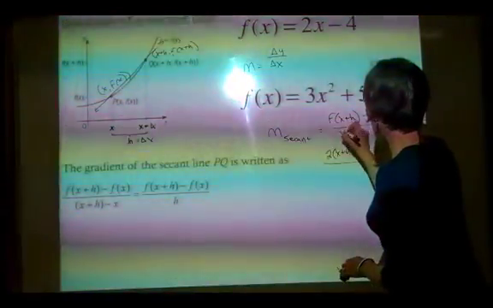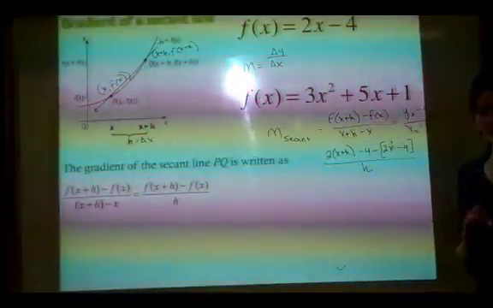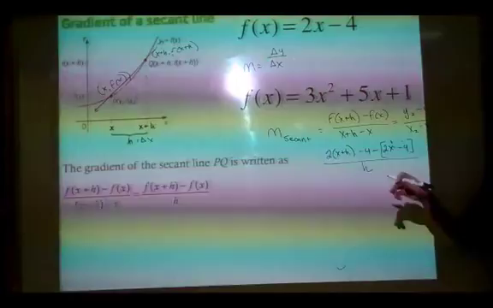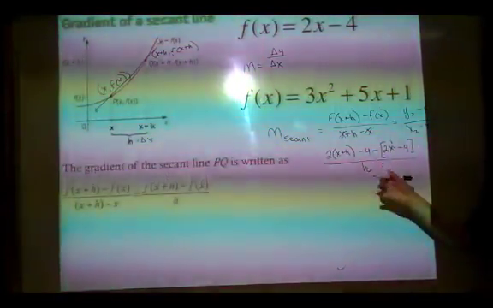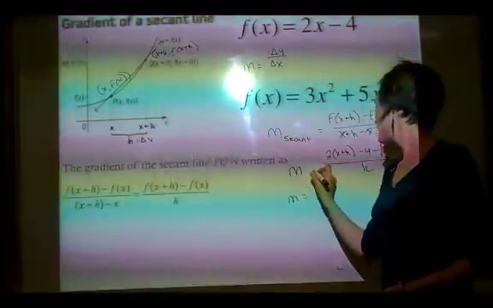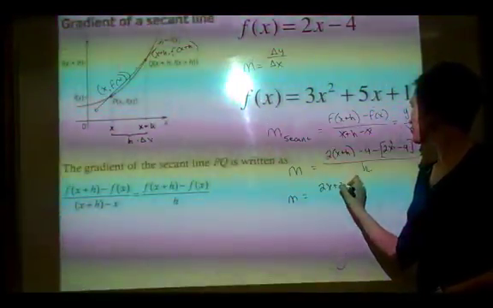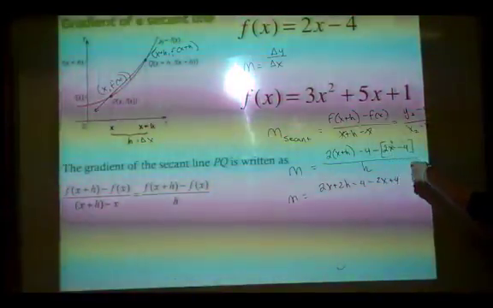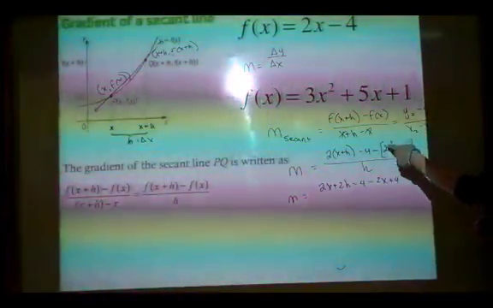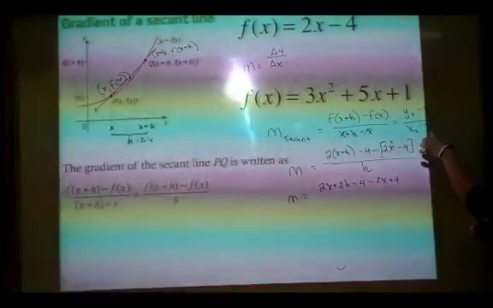This technically would be x plus h minus x, which just becomes h. Okay? So this, m would be equal to 2x plus 2h minus 4 minus 2x plus 4. It's important to remember that I have a parentheses around this second function, because I'm subtracting the entire function here.